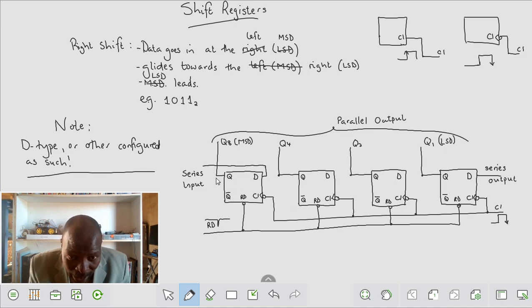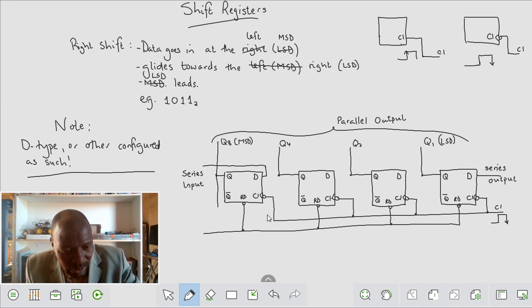I'm going to have to move that reset data because it's going to be in my way. I can see that, so I'm going to put it back. Our input now is going to come out at the first Q. It goes into the first one, comes out and goes into the second one, the next one.